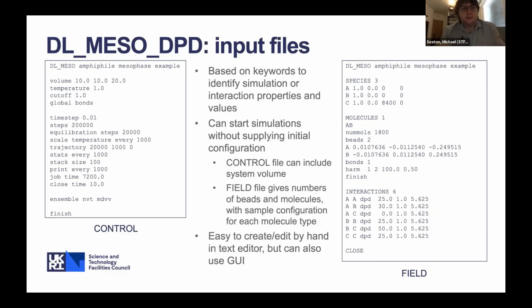So you can specify what the simulation volume is in the control file, but the field file gives you the numbers of beads and the numbers of molecules, along with the positions of the beads in each molecule type as a sample to throw into your simulation box. And these files are easy to create or edit by hand in your favorite text editor, but the graphical user interface, the GUI, can help you do that as well.